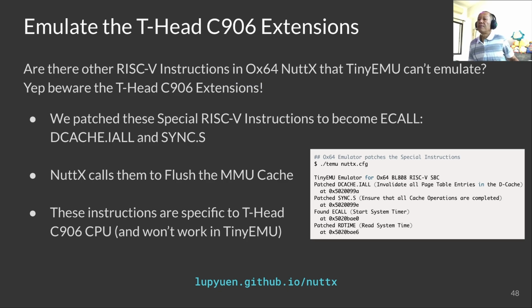We talked about emulating the time CSR register because TinyEMU doesn't support it. Is there anything else that TinyEMU can't handle? Yep, inside the BL808 SoC is the T-Head C906 CPU. NuttX for Ox64 will call these special RISC-V instructions to flush the MMU cache for the C906 RISC-V CPU, dcache.ciall and sync.s, which come from the T-Head C906 extensions and won't work in TinyEMU.